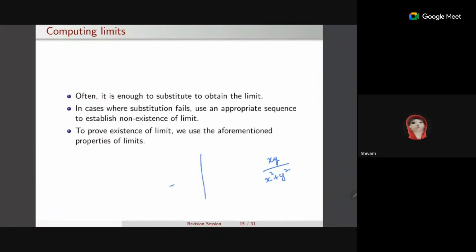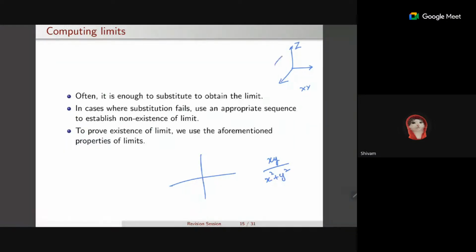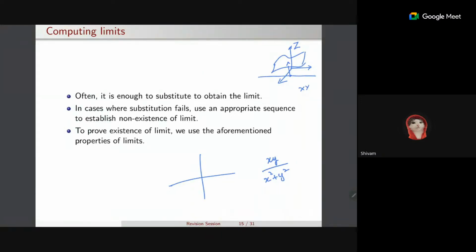If your domain, let's say, is R2 or some part of R2, the graph of the function is something that looks like this. The xy plane is the input and the z is the output as usual. So it's some surface like this. Above each point, the height is equal to the function value at that point. Now, if I look at this point and look at the partial derivative with respect to x, I'm just looking at the part of the graph which lies above this point, which is something like this.